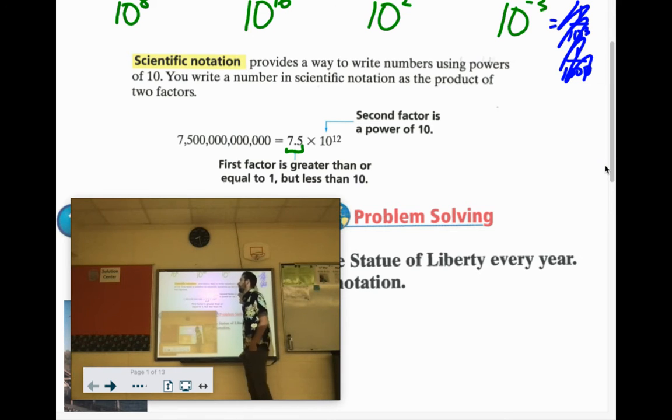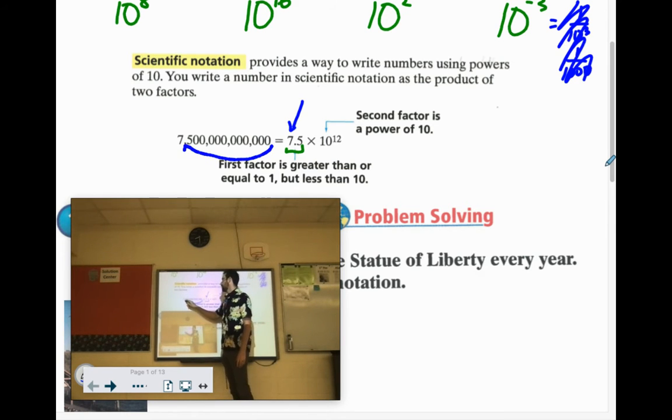So the way you figure out the first number, look, has to be greater than or equal to 1, but it has to be less than 10. So basically, you're going to have one number in front of the decimal spot. That's all you're allowed with scientific notation. So 7.5 would be if we had the decimal here.